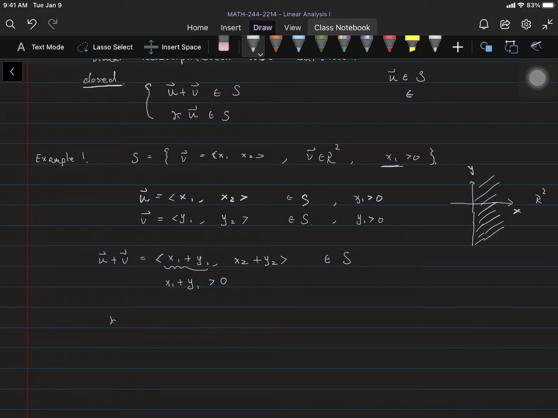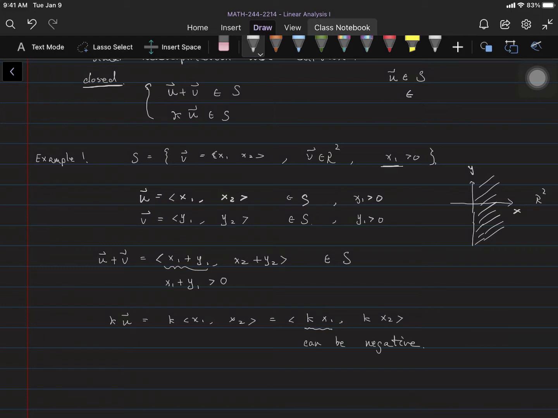Next, let's try the scalar multiplication, which is k times (x1, x2), giving (kx1, kx2). And here, we don't know whether k is positive or not. If k is negative, this number can be negative.